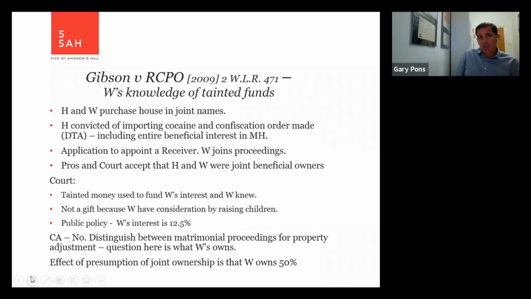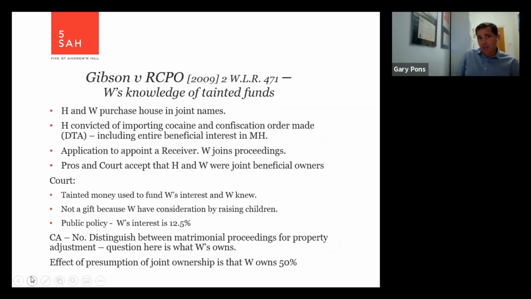And the question here, the case was not about what or how matrimonial property should be divided. It was not about an adjustment of what each party owned. Here the question was a simple one. What is it the wife owns?